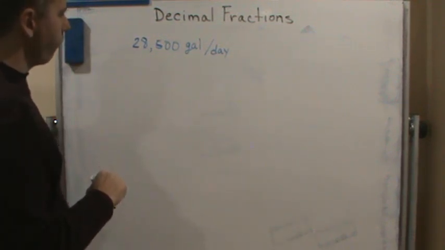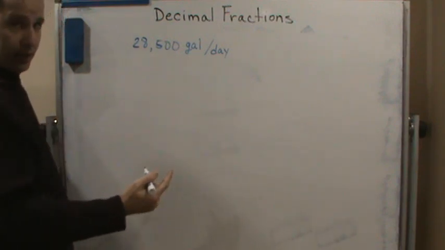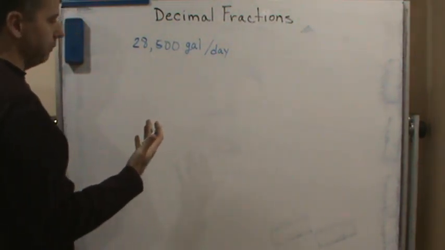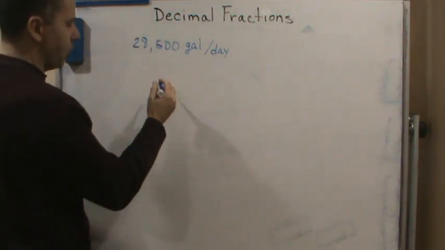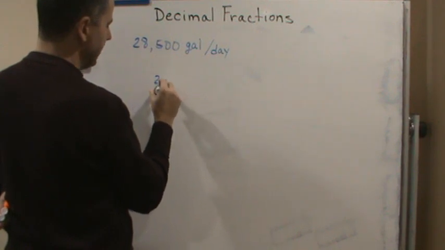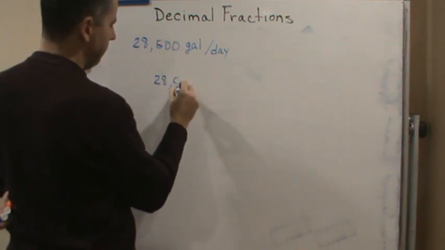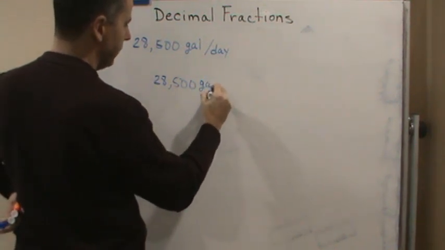Well, there's a couple ways I can think about doing this. We're going to need to see how we get from gallons to millions of gallons. So the easiest way that I can think of is we need to get millions. So how do we do this? Think about this. We've got 28,500, and I'm going to write this as a fraction.